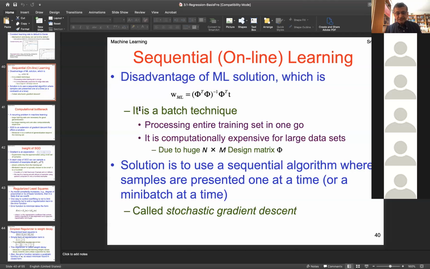Now we call this solution a batch technique, in the sense that we take the entire training set in one go and simply apply the Moore-Penrose inverse. Once you have that, you multiply it by the target vector and you have your solution. That's a one-line solution to the entire regression problem.